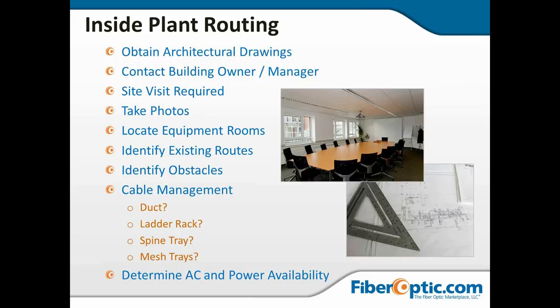Find out what routes are used now and look at whether or not you can use that same route or if you're going to have to come up with new routes. Identify obstacles. And again, that goes back to firewalls, existing ducting, existing electrical, anything that's going to get in the way of us using the route we want to take.